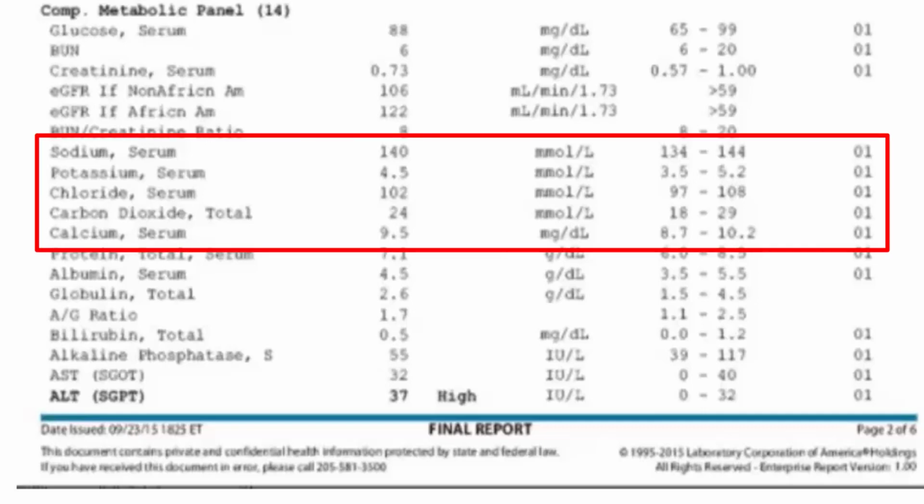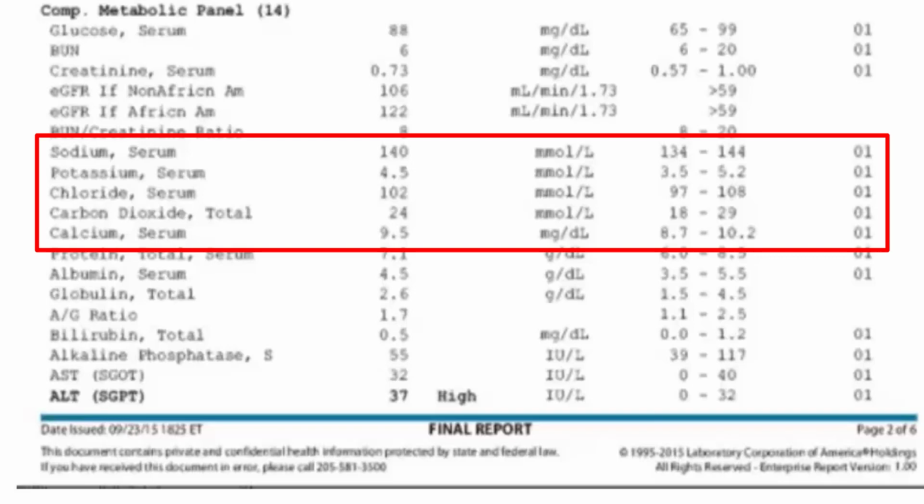The sodium, potassium, chloride, carbon dioxide, and calcium are all electrolytes in your body. Really, in the context of the doctor's office, the only ones that would be an emergency, where you'd notify the doctor right away, are if the potassium is super high, like above 5.5, or if the sodium is very, very low, like 130, 120, something low.